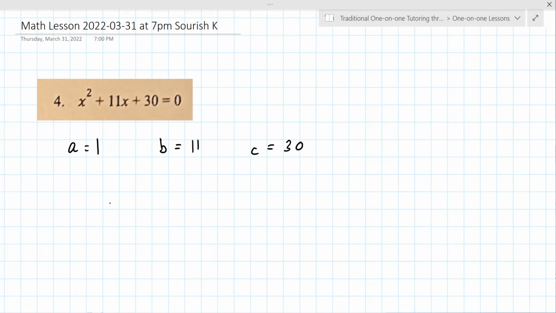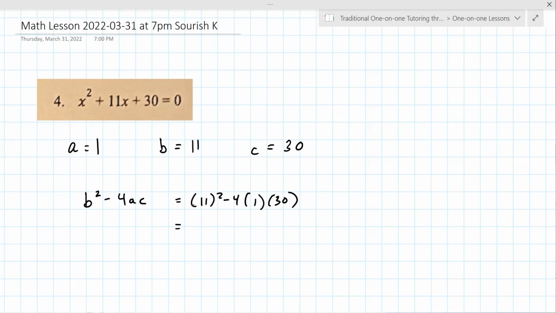Now, last time we weren't writing out everything because it gets pretty complicated pretty quickly. So I'd like us to just continue doing that here. You're going to substitute the value of B in here. So it's 11 squared minus 4, A is 1 and C is 30.